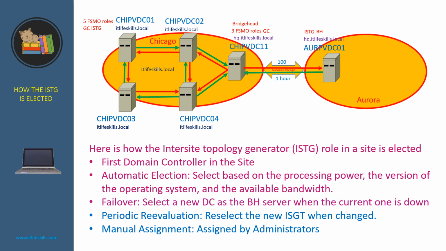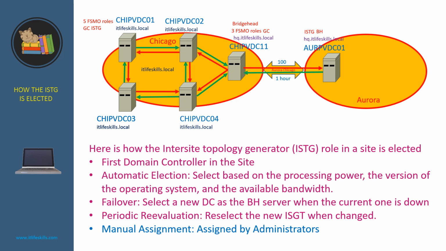If the current domain controller serving as the ISTG becomes unavailable due to a failure or maintenance, the KCC will automatically elect a new ISTG from the remaining domain controllers in the site.